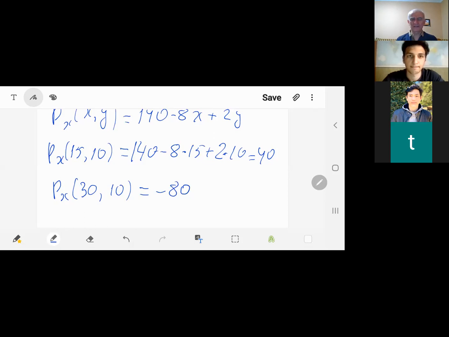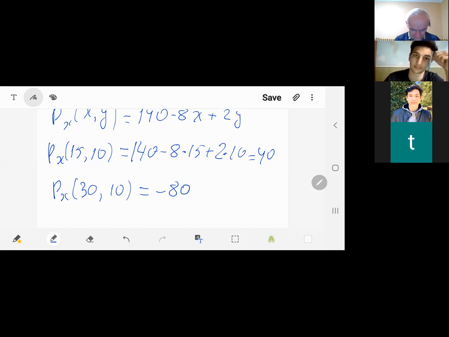Let's first interpret the first one. Let's be clear and say definitely that the company produces two types of items, and x is the number of the first item, for example white chocolate, and y is the number of the second item, for example dark chocolate.